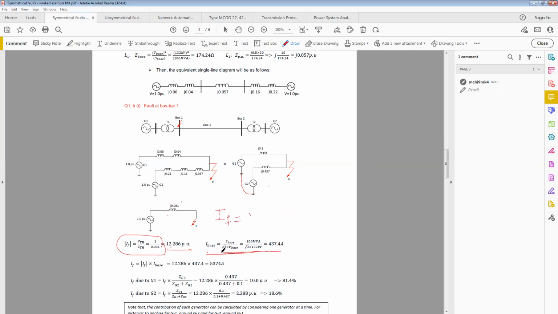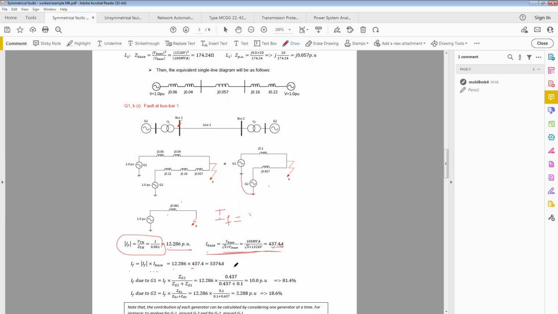So base current or the nominal current is S base divided by root 3 times voltage base, which is 100 MVA divided by root 3 times 132 kV, so the nominal current is 437 amps. So the fault current in amps is the per unit value times the nominal current, which is 5,374 amps or 5.3 kiloamp.